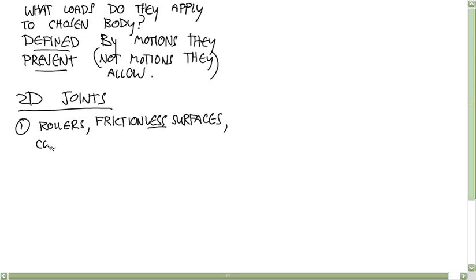A collar on rod, you know what a collar on rod is? Like this is rod. And I don't know, his mom doesn't trust him at the mall.